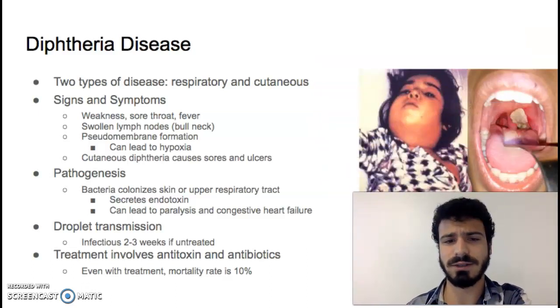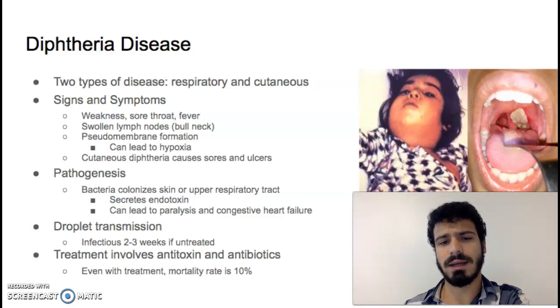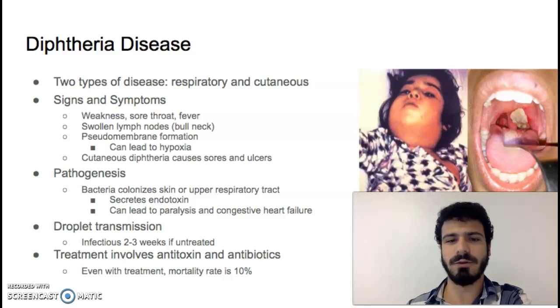And the pathogenesis of diphtheria: the bacteria colonizes the skin or the upper respiratory tract, and it secretes an endotoxin, which I described previously, and that leads to cell death and can lead to the pseudomembrane formation.